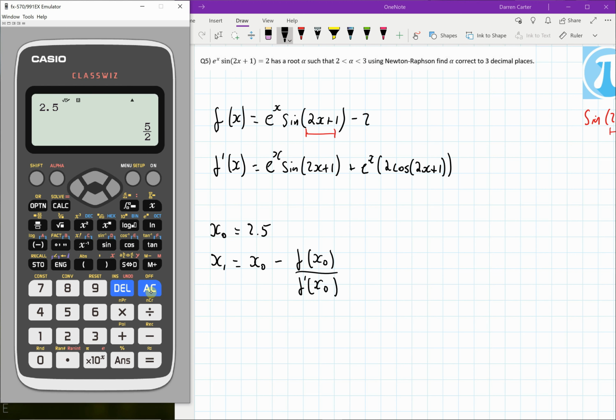So for each new iteration, I want my previous answer minus f of my previous answer.